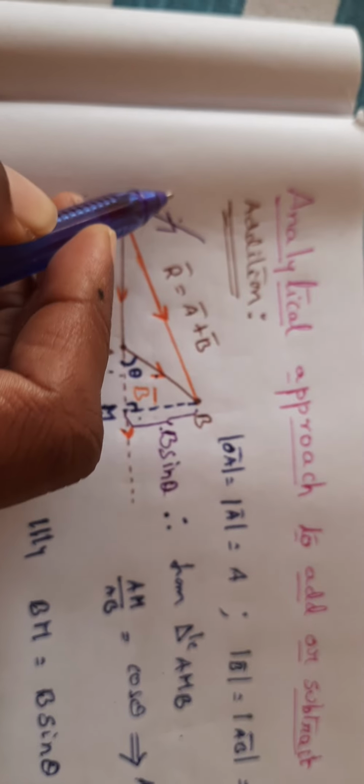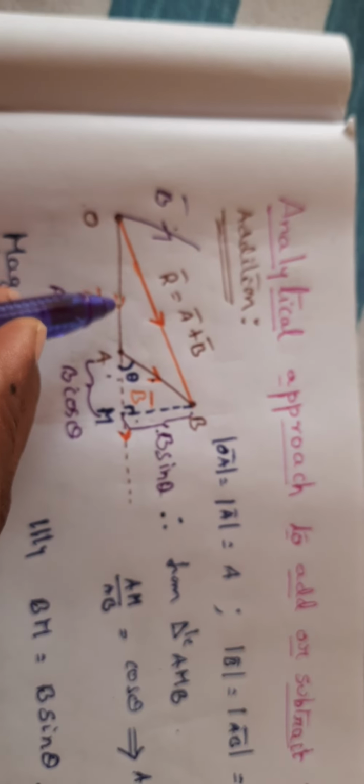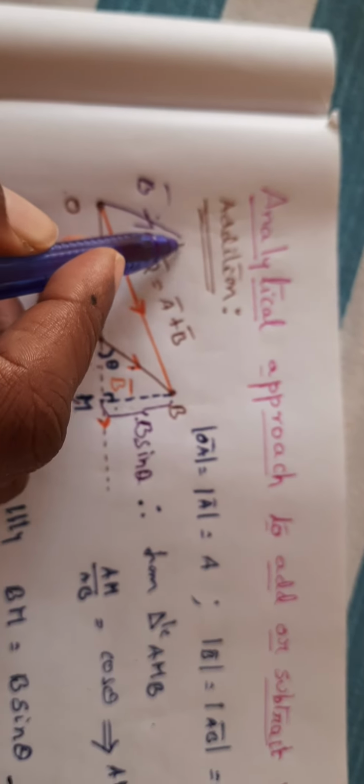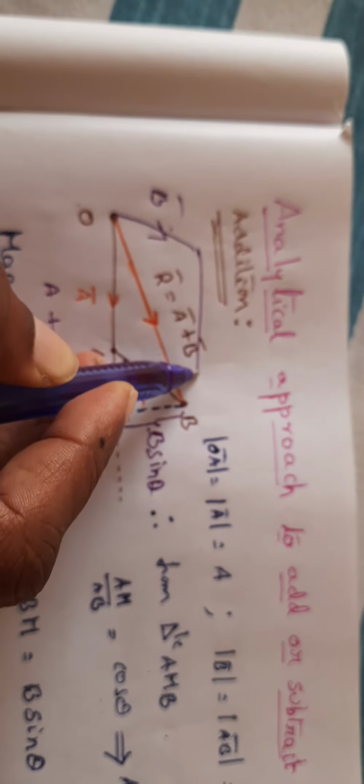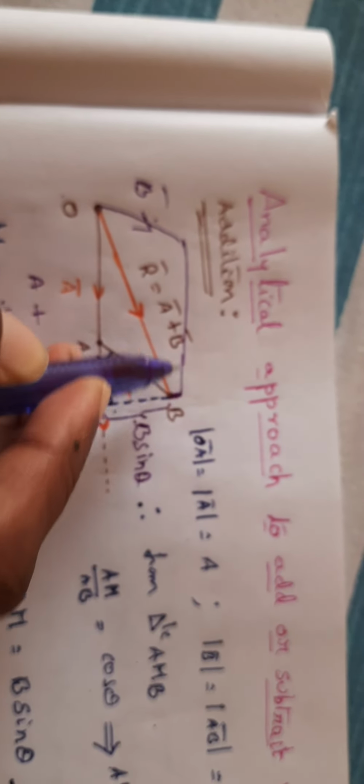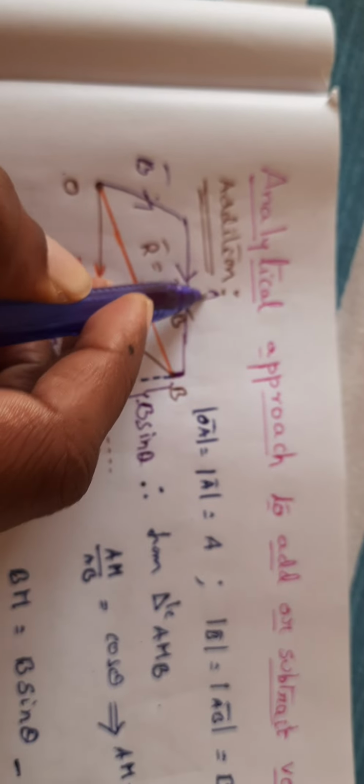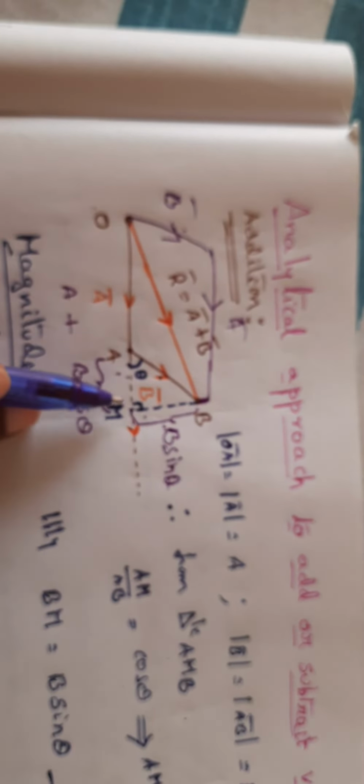Yes, this is the B bar. Now opposite to this, parallel to the other one, this is A bar. So it is the same parallelogram that you will be studying in your NCERT books or the state board books.